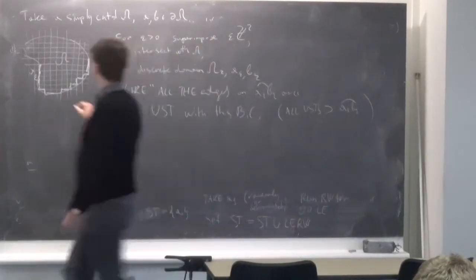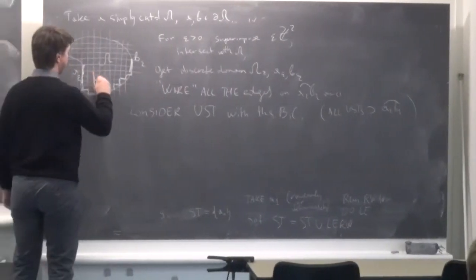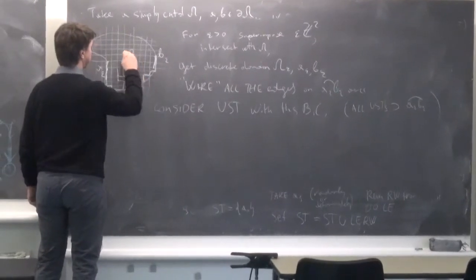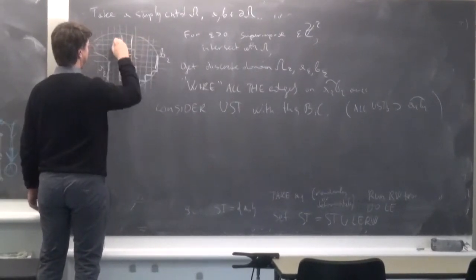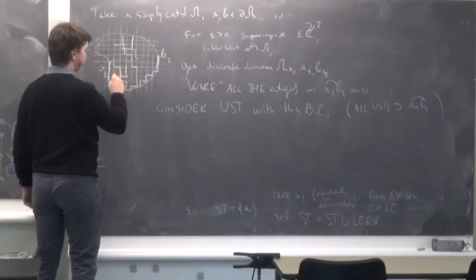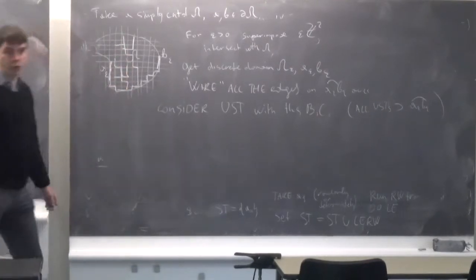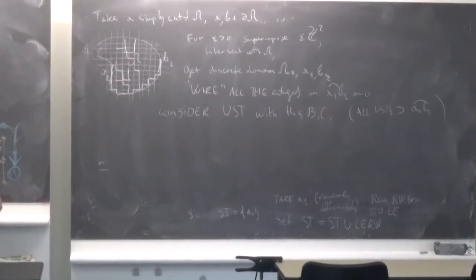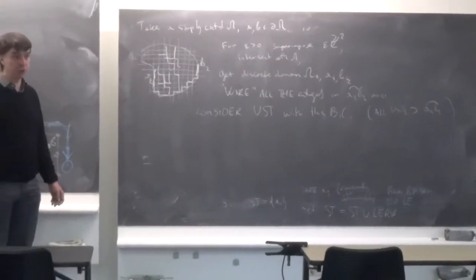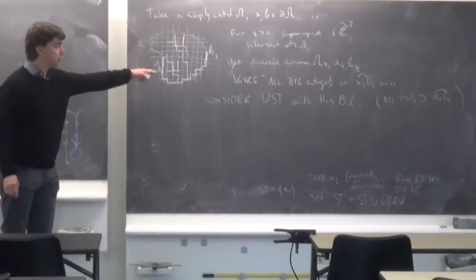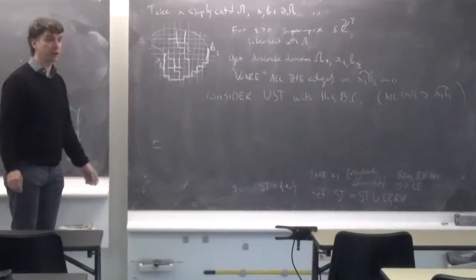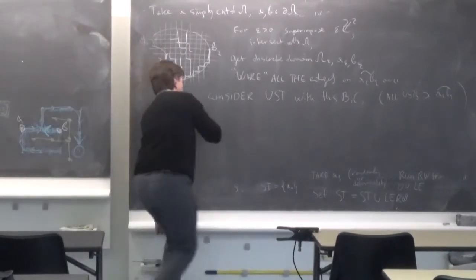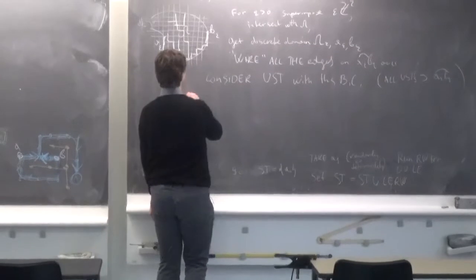So we take all USTs which include this arc A epsilon, B epsilon. So you get pictures which go something like this. I'm not going to draw everything. Now we want to get a curve which goes from A to B. And as a curve, we take a curve which goes around the UST using the right-hand rule. We call it Peano curve.